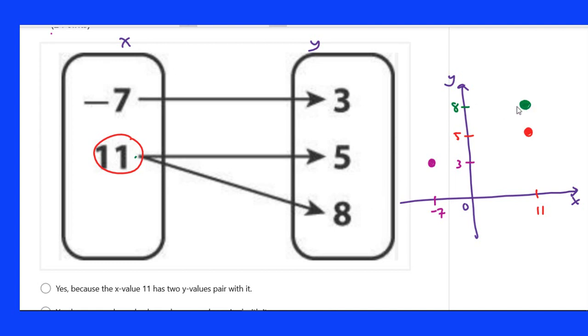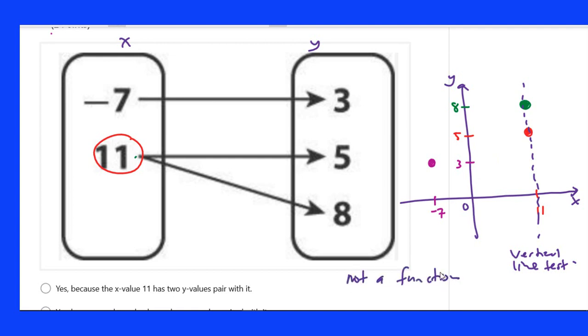So using the vertical line test, you use this one. The vertical line test shows that it cuts at 2 points. This is not a function.